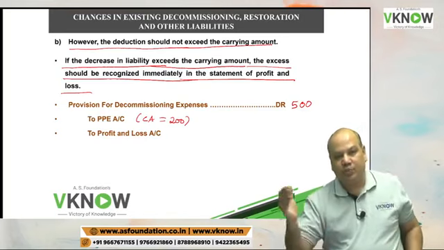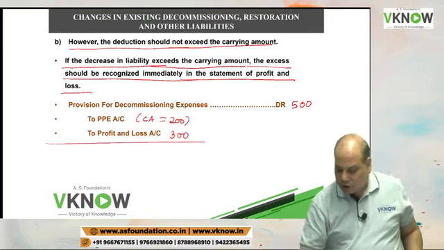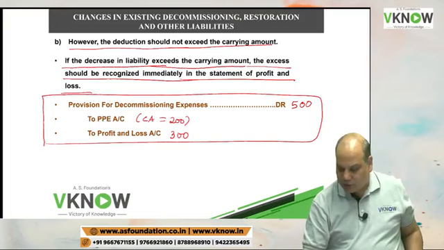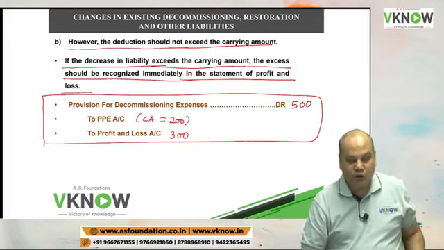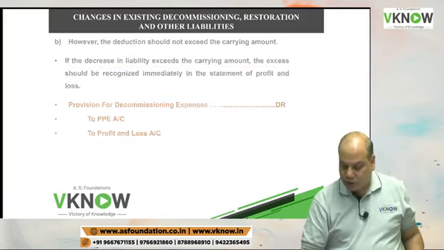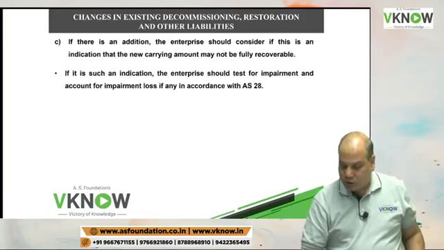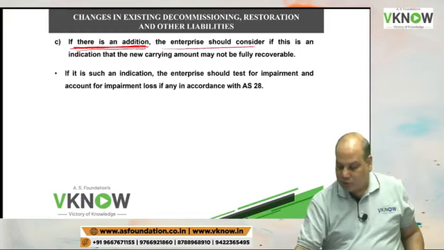So I will credit PPE 200. The remaining 300 I will credit to the P&L account, because I can't make the PPE account negative. So the excess, or the difference between the deduction in liability and the carrying amount of the PPE, we will credit to the P&L account.